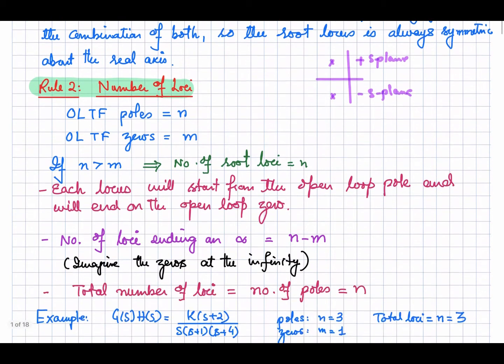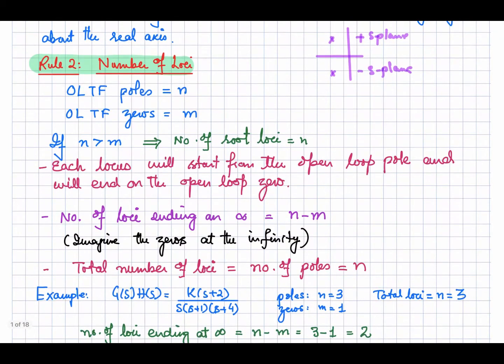So each locus will start from an open loop pole and will end at an open loop zero. The number of loci ending at infinity is equal to n minus m, right? So imagine the zeros at infinity. The total number of root loci will always be equal to the number of poles.